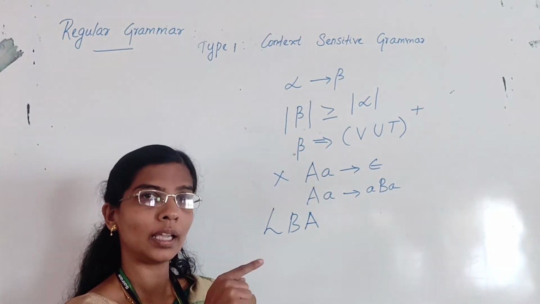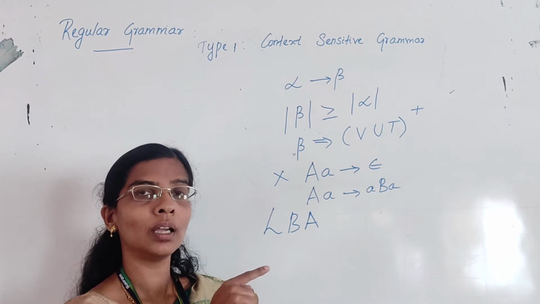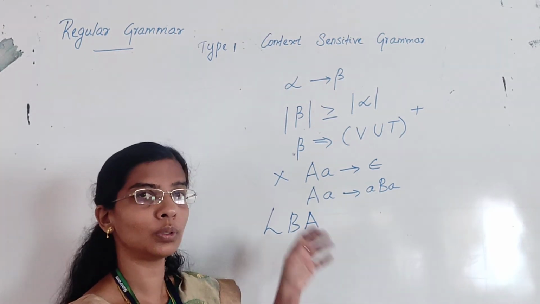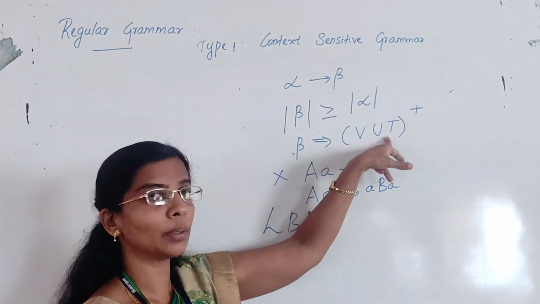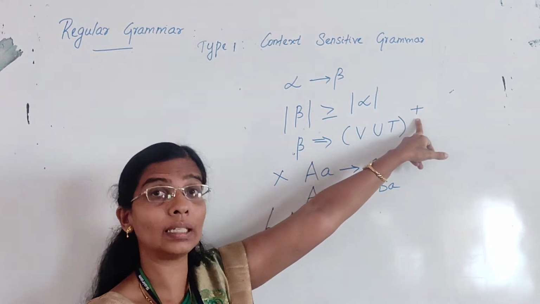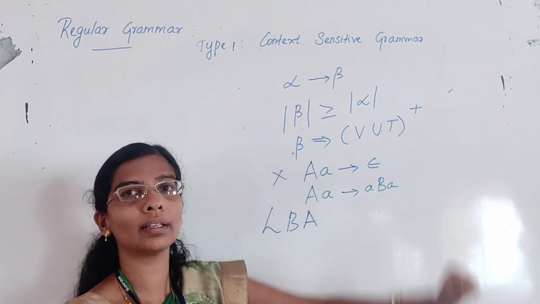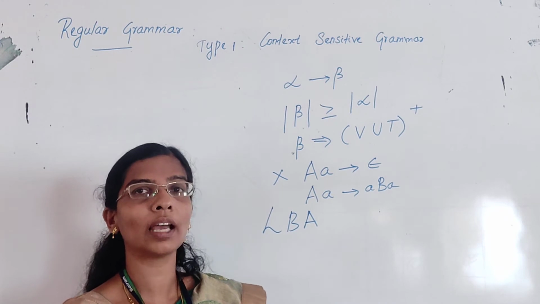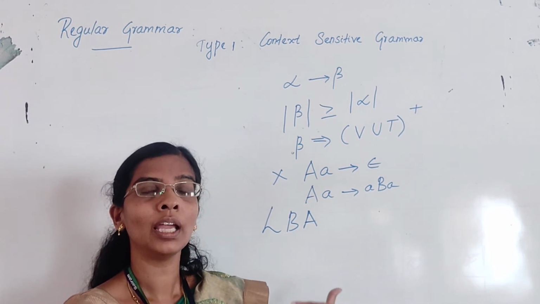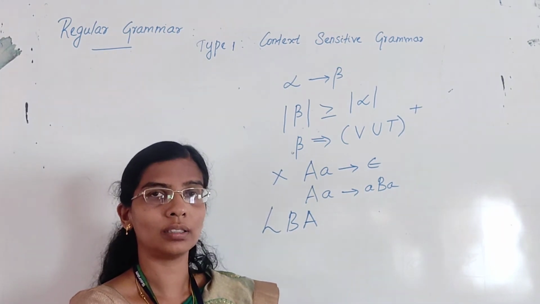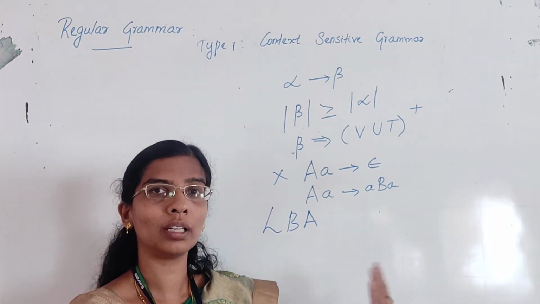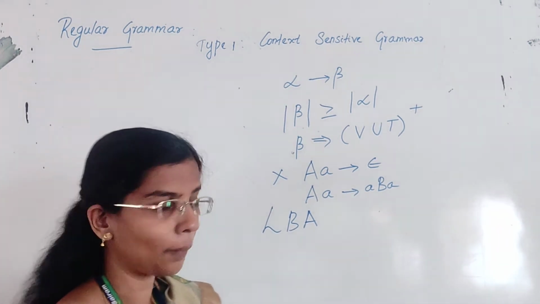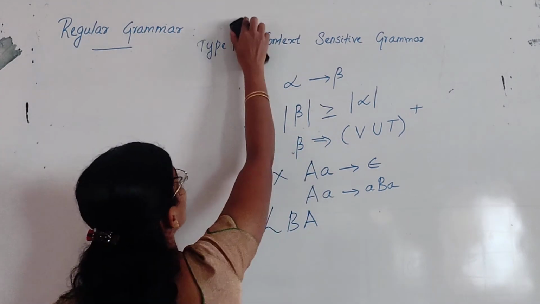At the same time, I can form beta using variables and terminals, but for at least one occurrence. That is, I cannot have epsilon in RHS. Next is type 2 grammar.